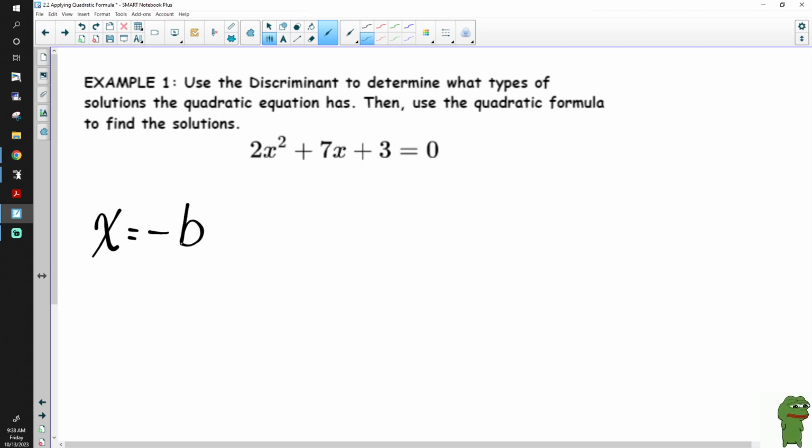X equals negative b plus or minus the square root. You know it's not good when the square root's that long, but it is. X equals negative b plus or minus the square root of b squared minus 4ac.